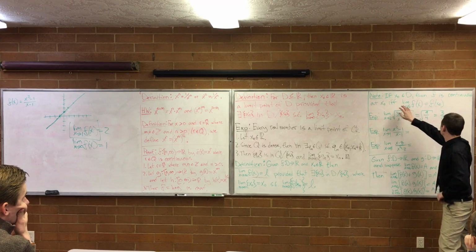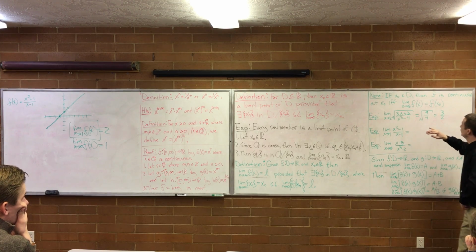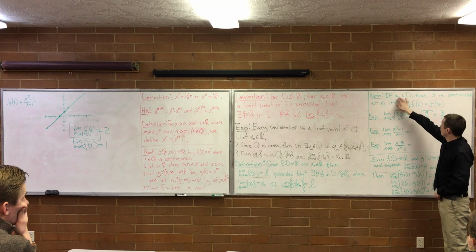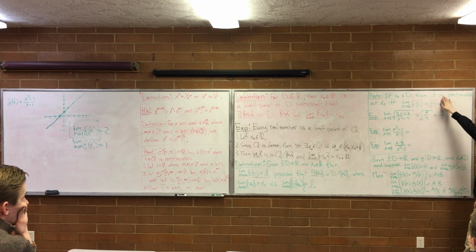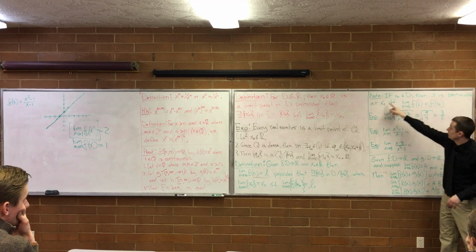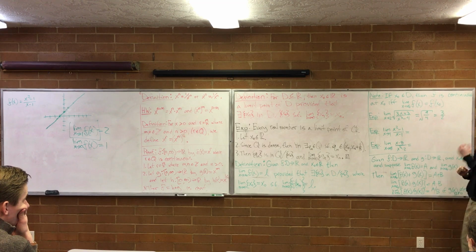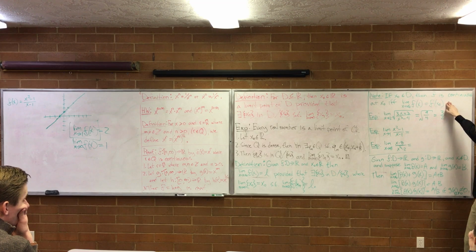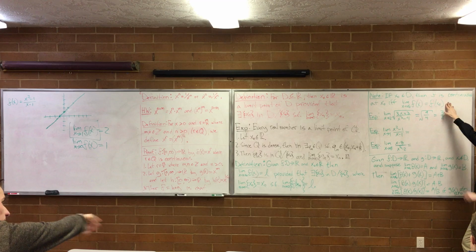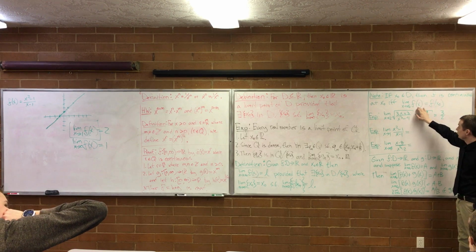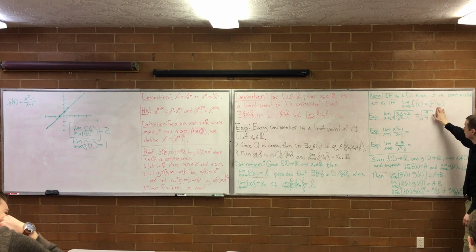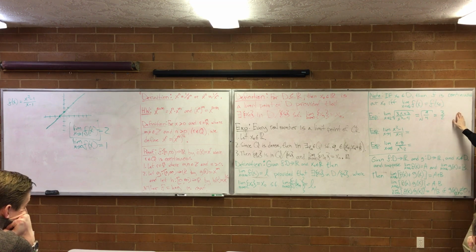Oh, side note, which I think we've already fleshed out here. If x naught is in D, then f is continuous at x naught if and only if the limit as x approaches x naught of f of x equals f of x naught. That's almost identical to our definition of continuous. What did continuous mean? The limit of the function of the sequence equals the function of the limit of the sequence.